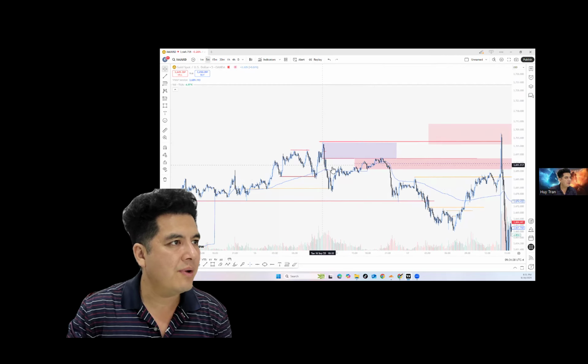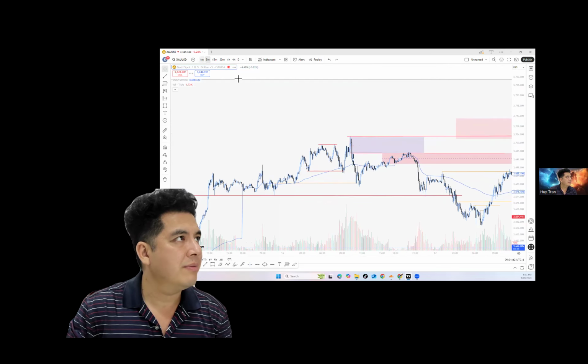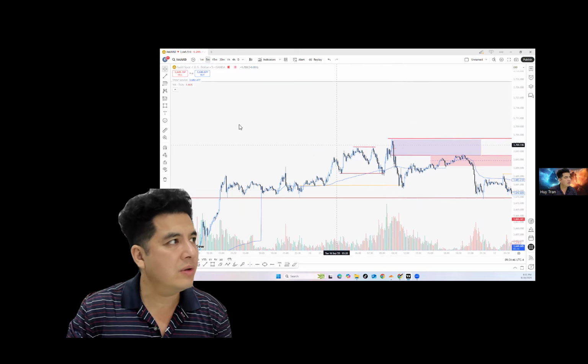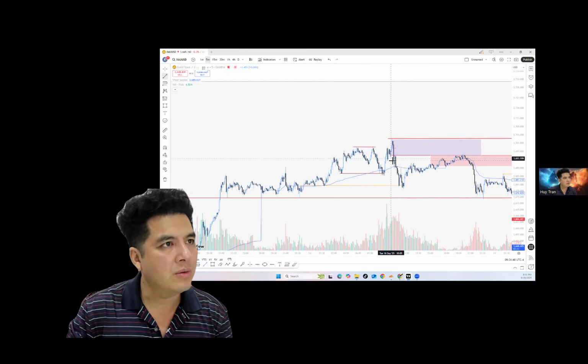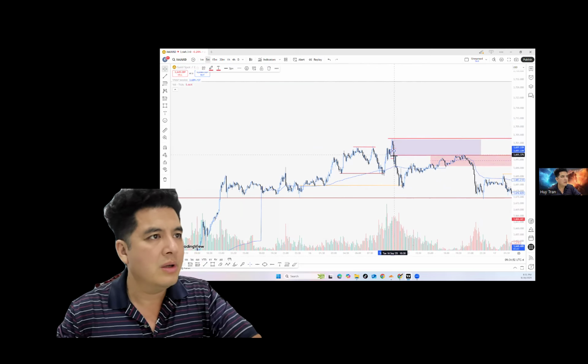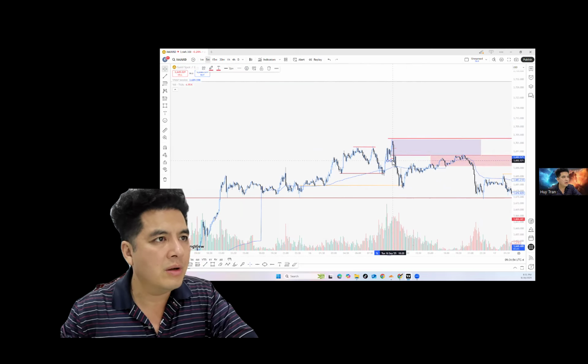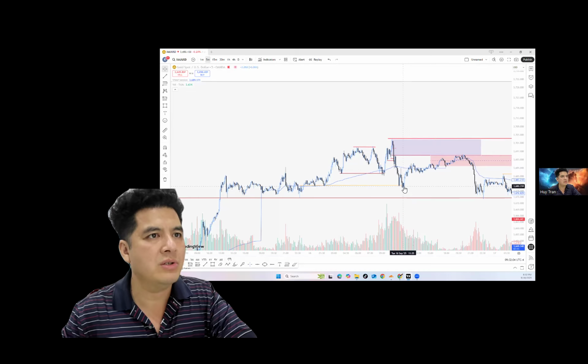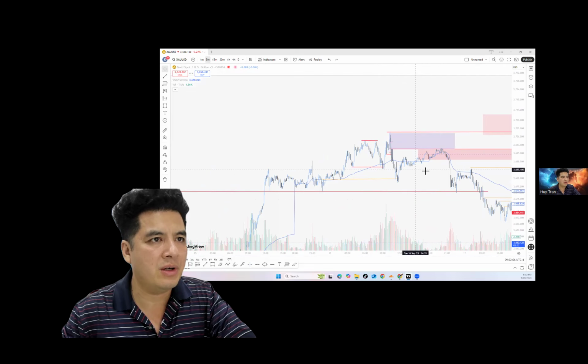But once it broke one structure right here, and then it broke another right here, and then it went back up, we can assume that this is going to be high, low, retracement, continuation. And we already talked about this.